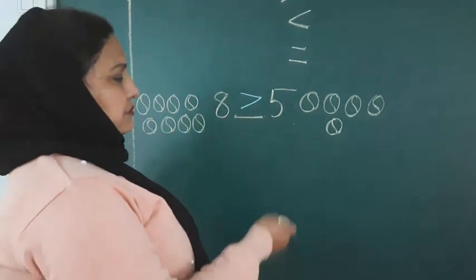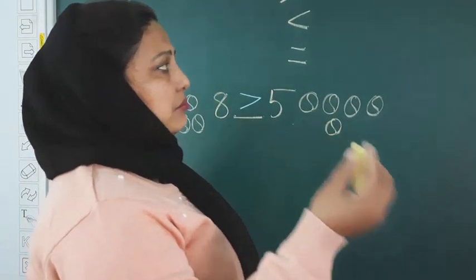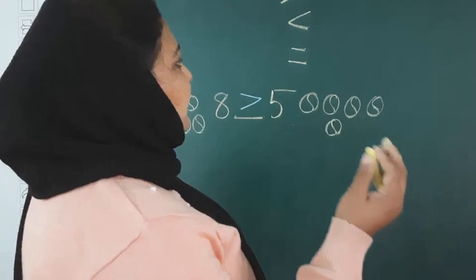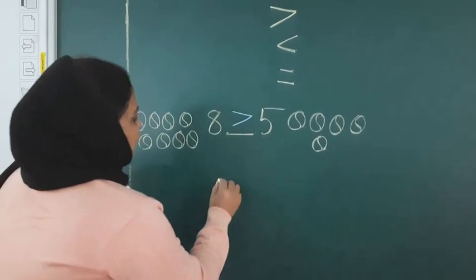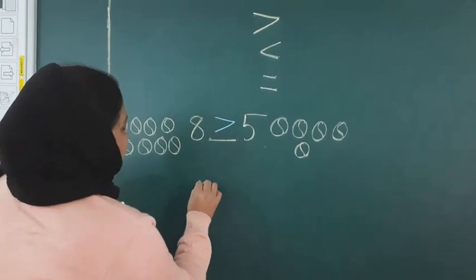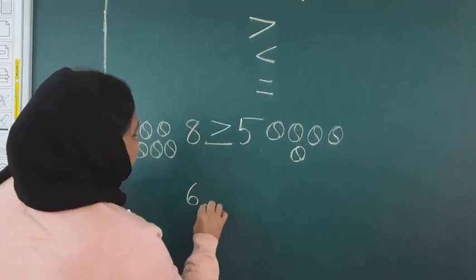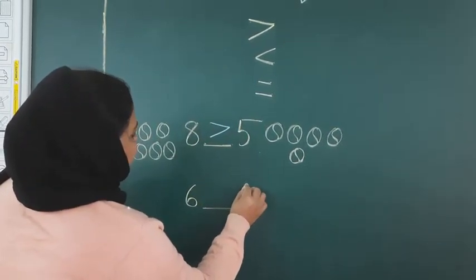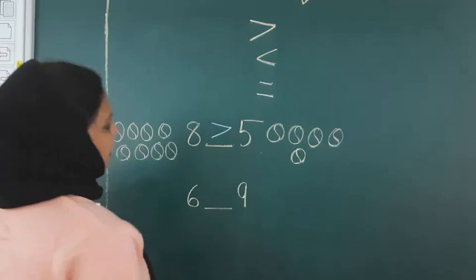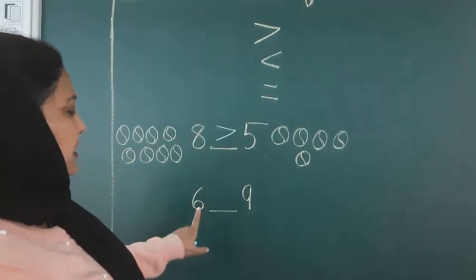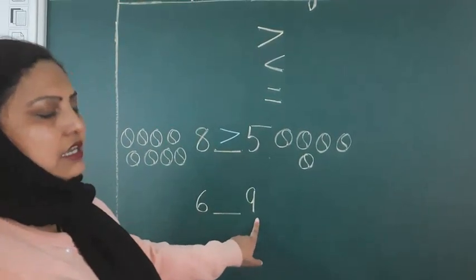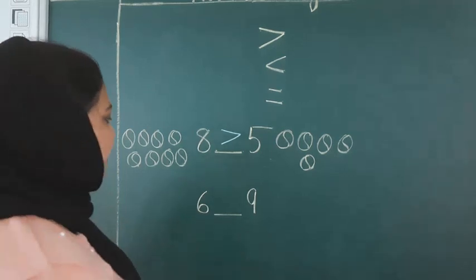Now suppose you have to find less than. So I will take here 6 and here I will take 9. Okay, now you can see here it is 6, here it is 9. Any object you can take. I will take a lollipop.